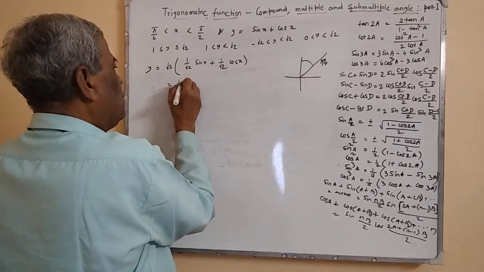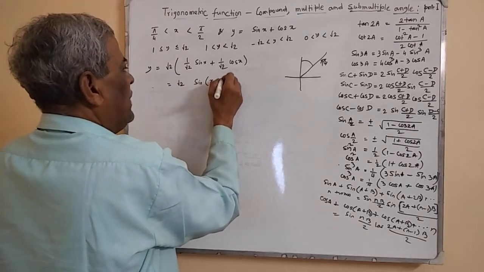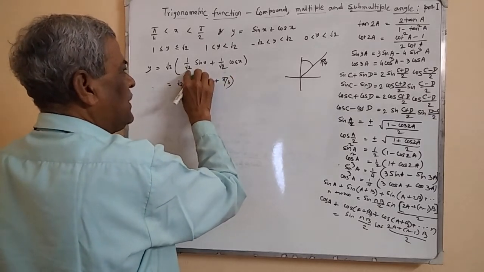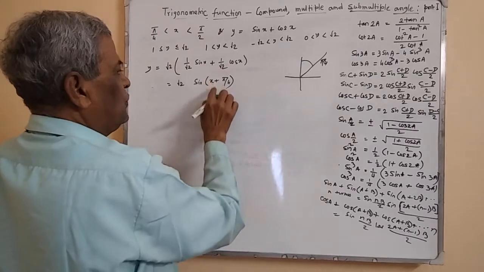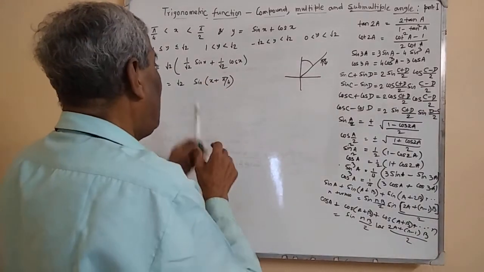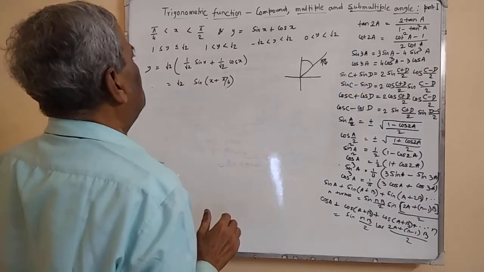It becomes root 2 into sine of (x plus pi by 4), because it is cos pi by 4 and sine pi by 4, so the formula is that. So now it is root 2 into sine of (x plus pi by 4).